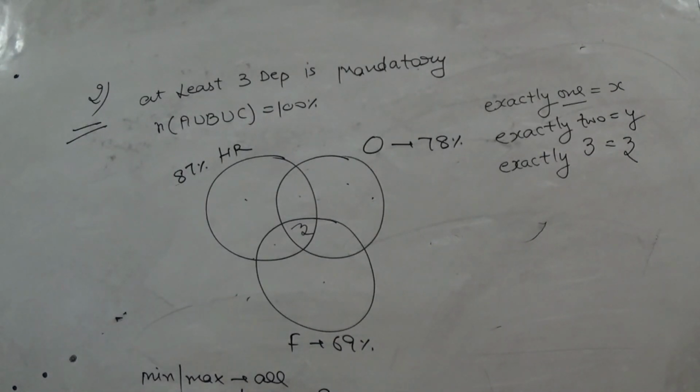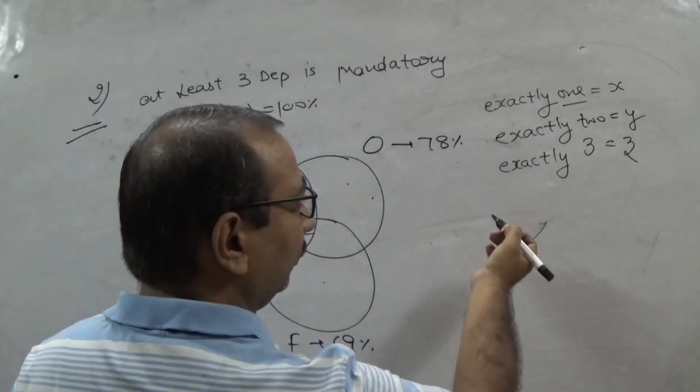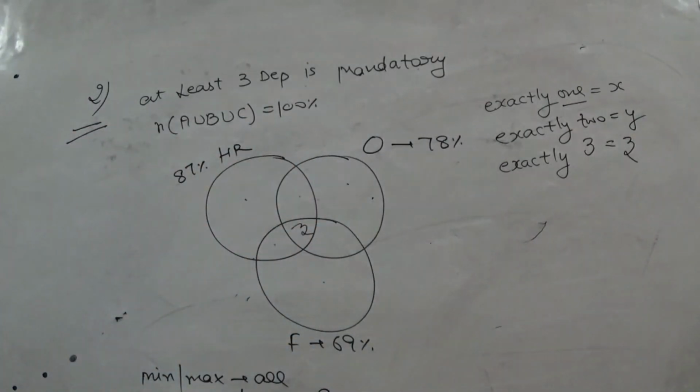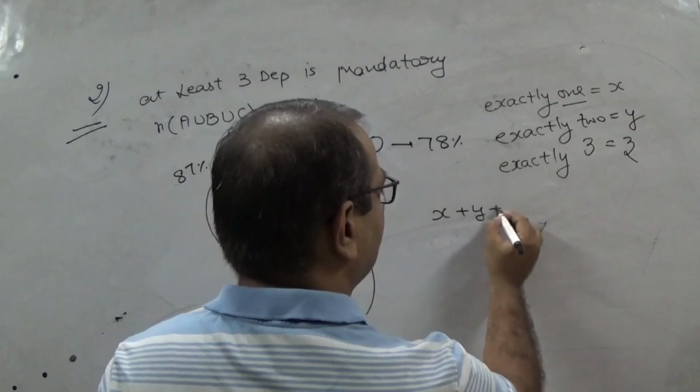Now look, what we can say here is that because it's given in the question that at least one is 100%, it means at least one includes exactly one, exactly two plus exactly three. And how we can use this while applying the concept: one thing I can say, x plus y plus z equals 100.